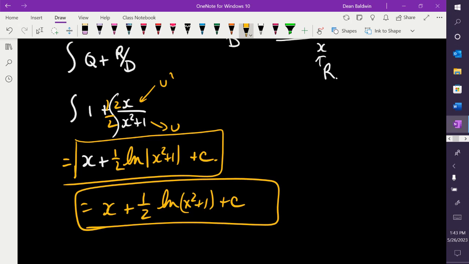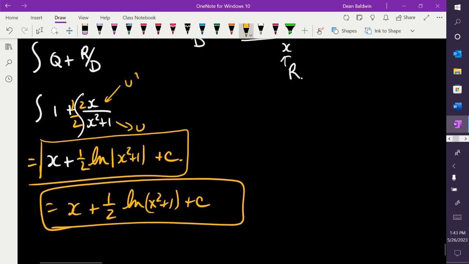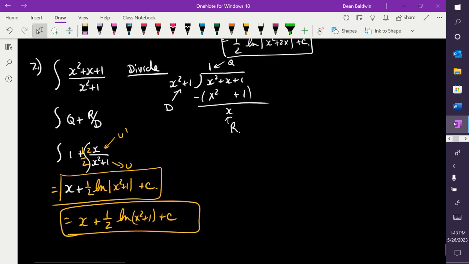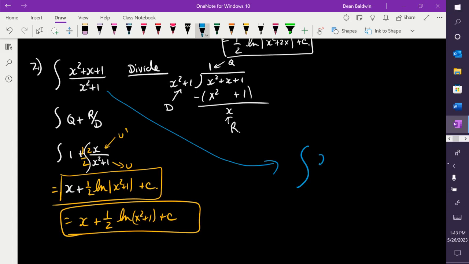Okay, so I'm going to show you another way to do this question. If you don't like long division, you can rearrange this without doing division.